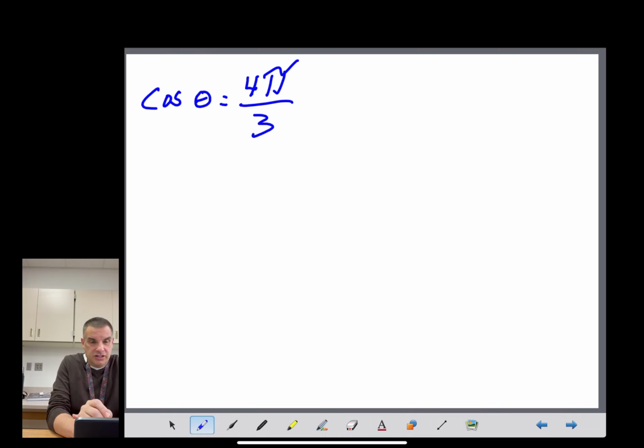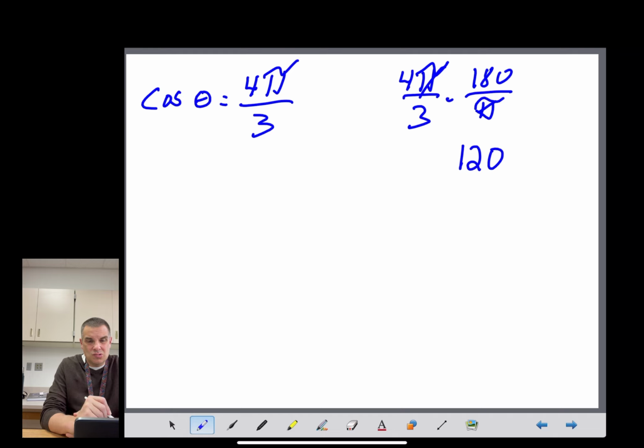Okay, so we're going to change it. 4 pi over 3 multiplied by 180 over pi. Cancel, cancel. 30. 120 degree angle, I think. 60. Nope, I lied. That's 60. That's 240 degree angle.